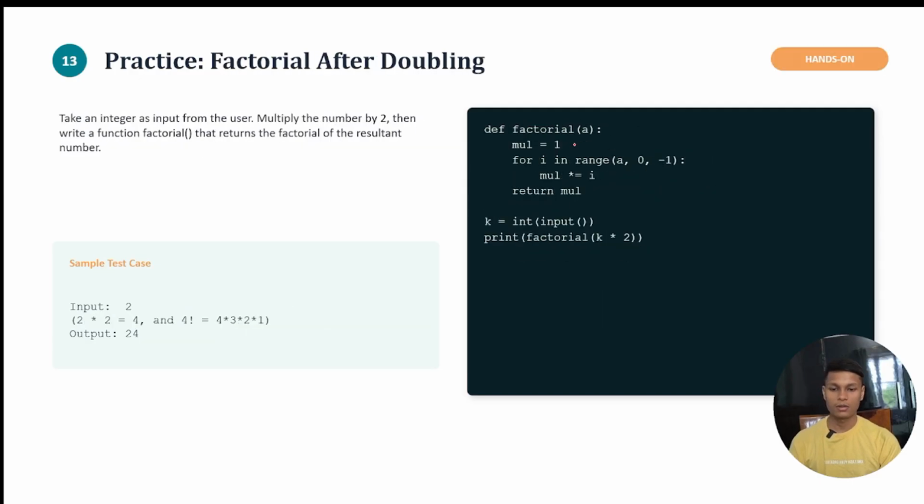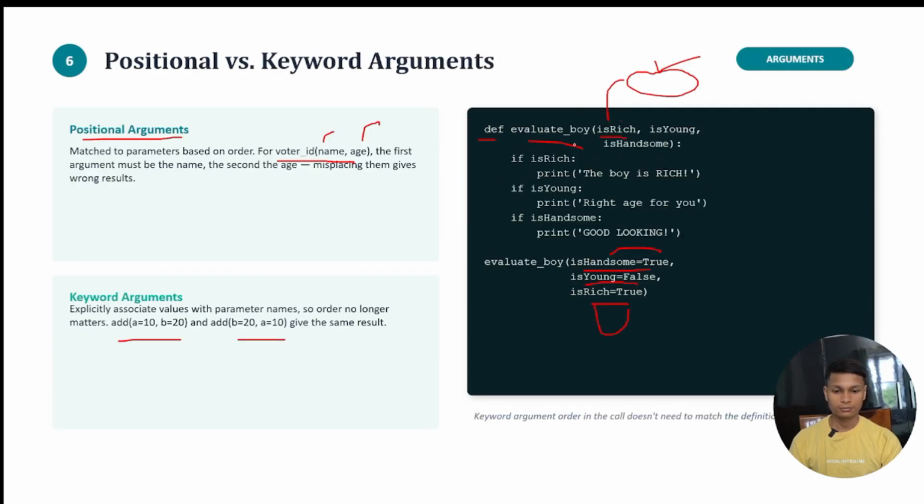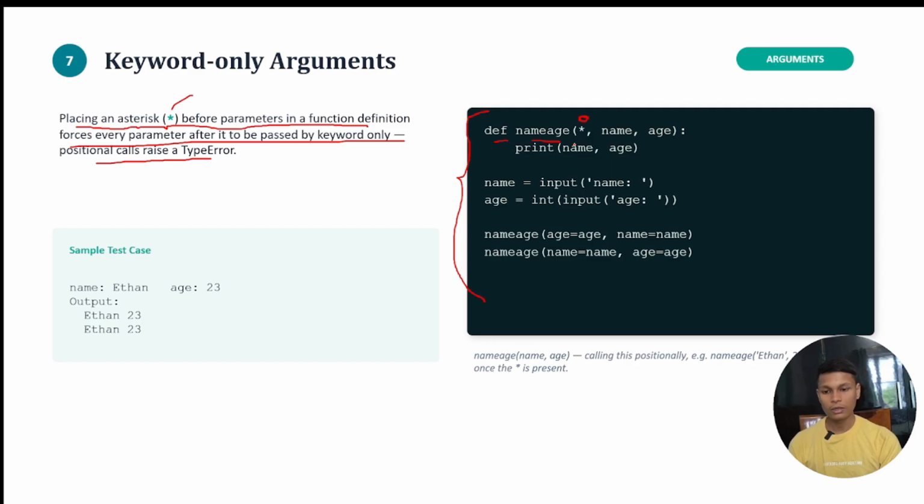So where are we? We are in the keyword-only argument. Keyword-only argument means that we use only keyword arguments, and positional arguments will not be applied here. We do this by writing this star symbol in the parameters.